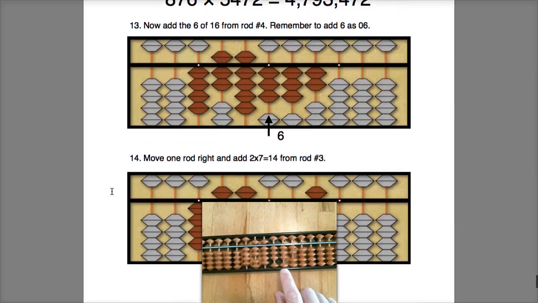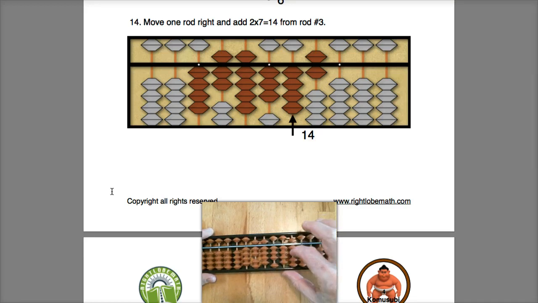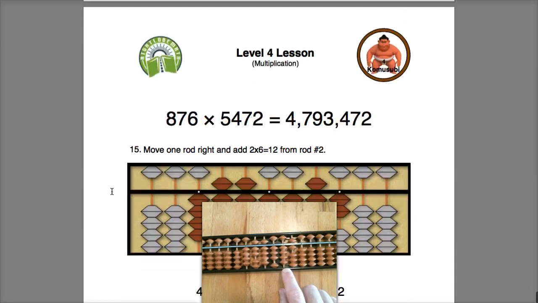Okay. Now we're going to move one rod right and do 2 times 7 equals 14 from rod number 3. So from rod number 3, we'll add our 14. Okay, so far so good.